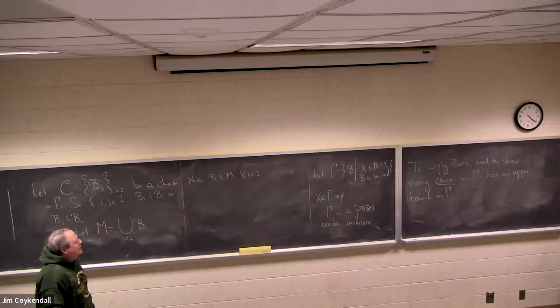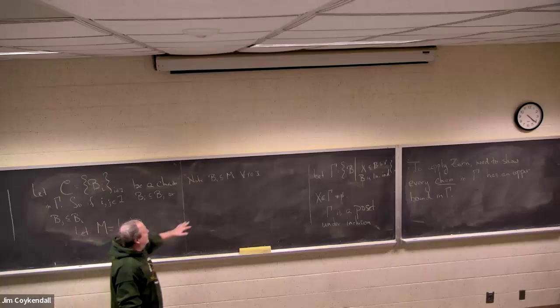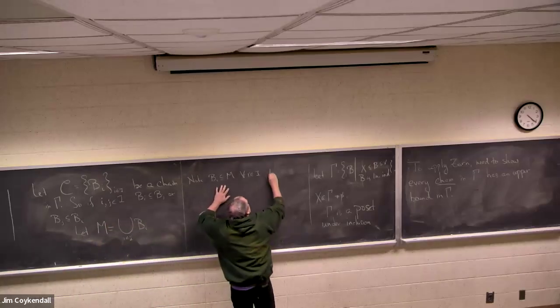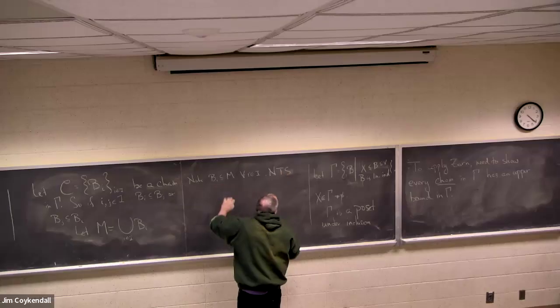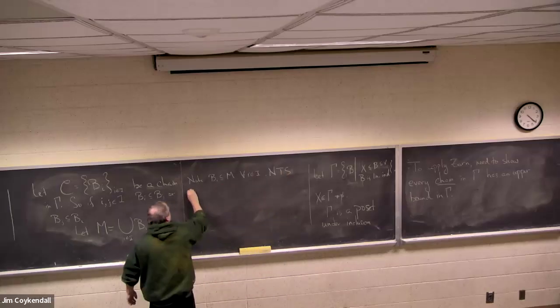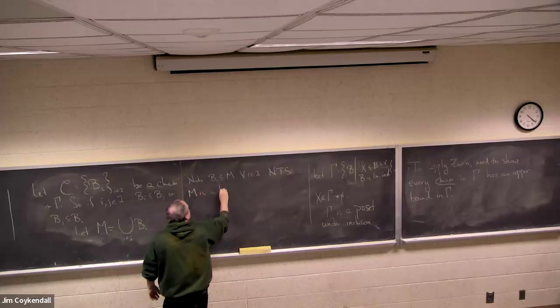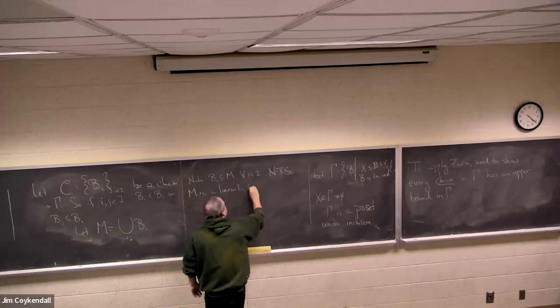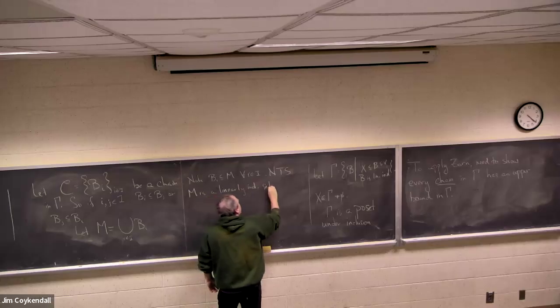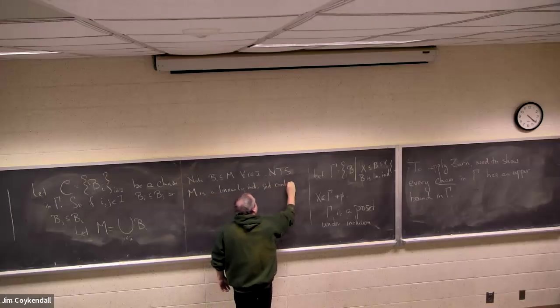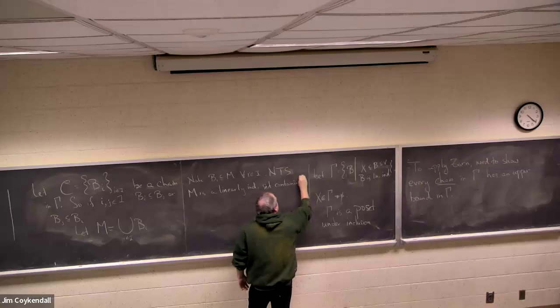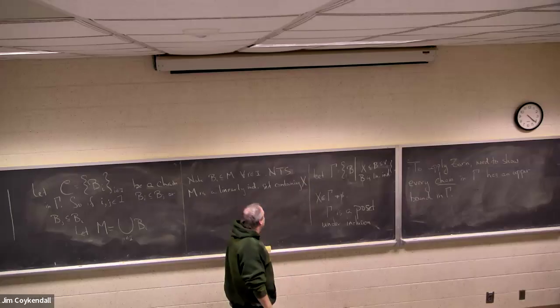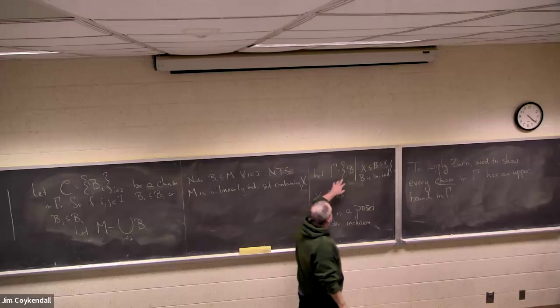But it's more subtle than that because we need to show that every chain has an upper bound that's in gamma. So we need to show that M is a linearly independent set containing X. In other words, we need to show that M actually lives here.